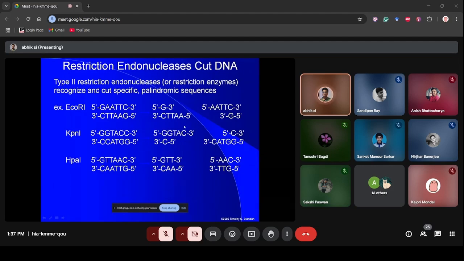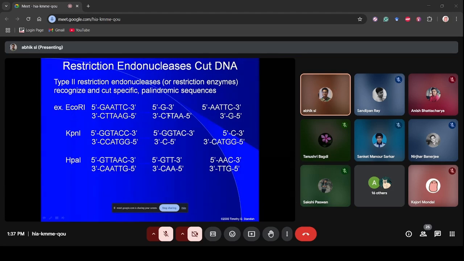Now just look carefully. On the left side there are thousands of nucleotides, and on the right side there may be thousands of nucleotides. After cutting, this is thousands and thousands, and it ends at G, and the other ends at CTTAA.